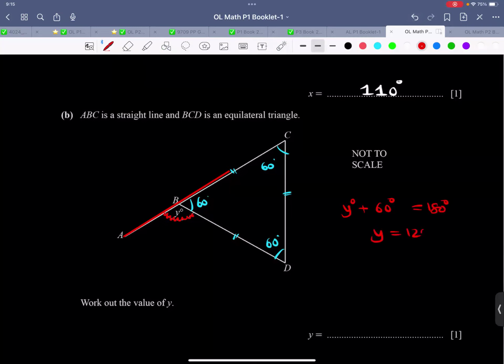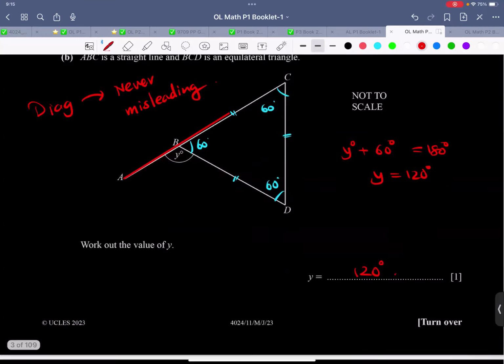Therefore, y is 120 degrees. Also look at the answer. Does it look like an obtuse angle triangle? The answer is yes. The answer should make sense. The diagram is not drawn to scale, but diagrams are never misleading. So yes, if it looks like an obtuse angle, it's an obtuse angle triangle. So this thing is done.